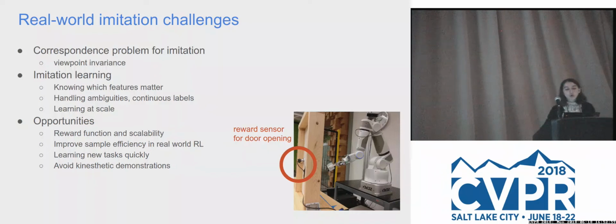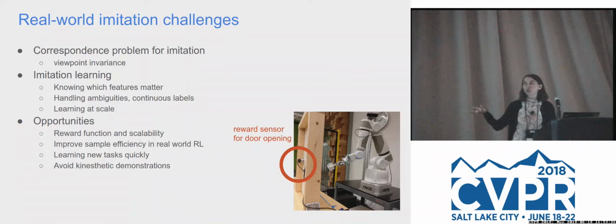But it also gives some opportunities. For example, it may help scale up reinforcement learning. For example, it may help it learn faster with a smaller number of examples, which is referred to as sample efficiency. And also in some cases, for example, in this door closing task, you may want to use reinforcement learning to learn to close a door. But then you need to provide a reward signal for that.